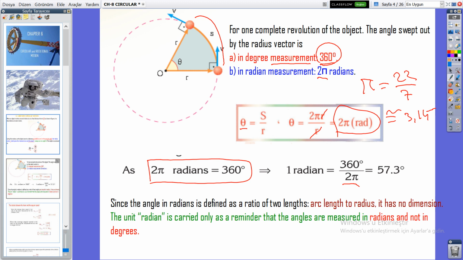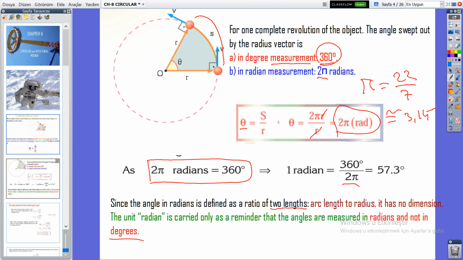Since the angle in radians is defined as the ratio of two lengths, arc length to radius, it has no dimension. The unit radian is carried only as a reminder that the angle is measured in radians and not in degrees.